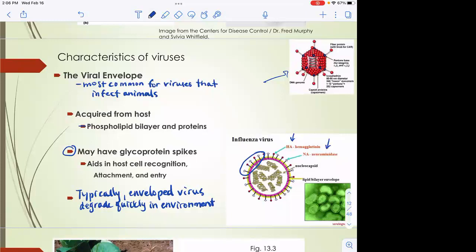So when they were first saying, leave your groceries in the garage because somebody might have touched them that had COVID, we think that's not necessary anymore. There are exceptions to every rule, but in general, those enveloped viruses don't survive well in the environment. Now, inside the host, the envelope may give the virus an advantage and help it evade our host immune system.